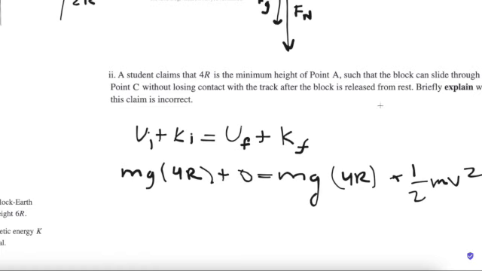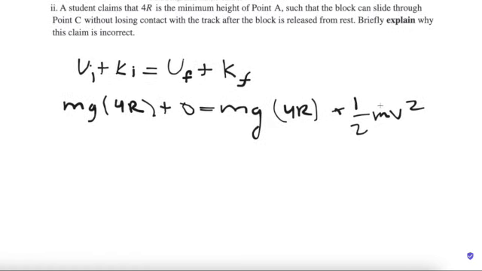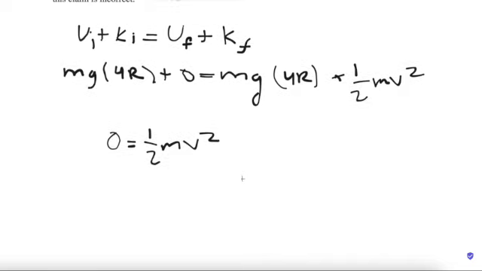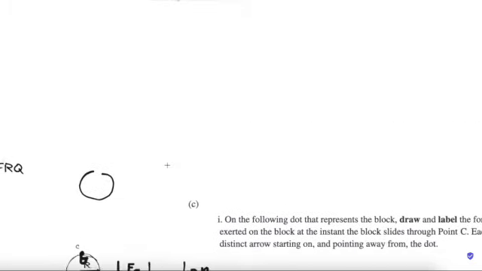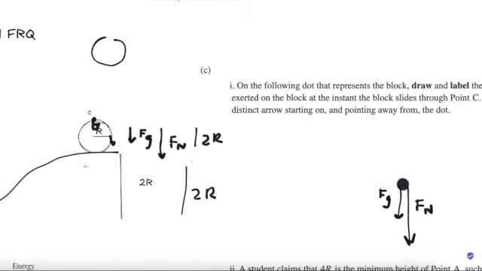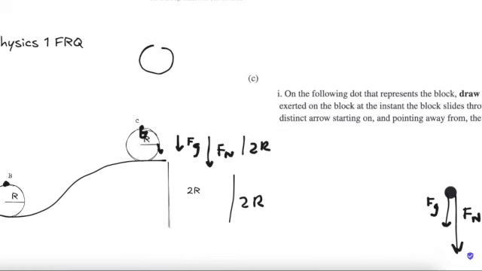Now, one thing you'll notice here is that mg4r and mg4r cancel out. If you subtract them, you're going to have 0 is equal to 1/2 mv squared. So in that case, v must be 0. So when we're running numbers, we're getting that the velocity at point C is going to be 0 if the starting point is at 4r.